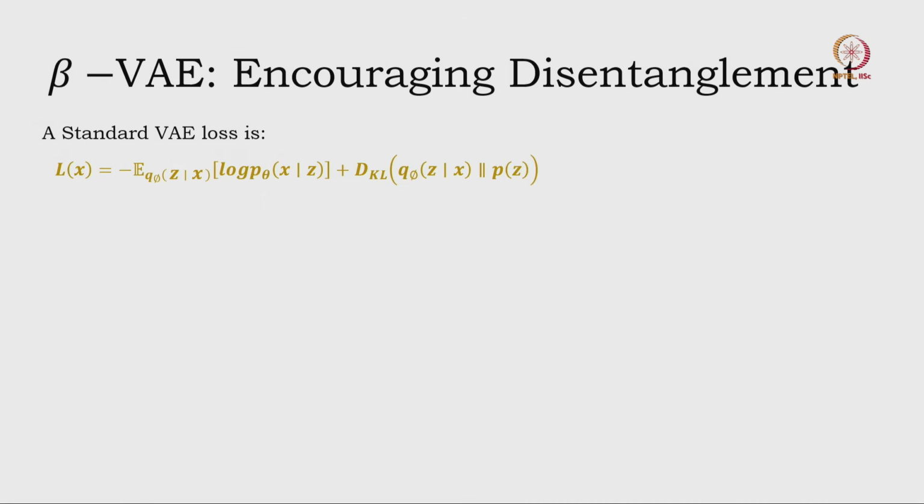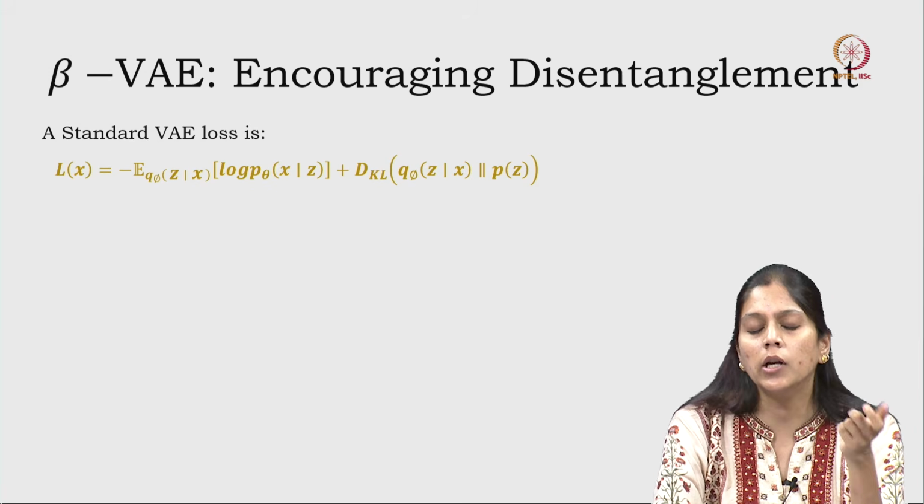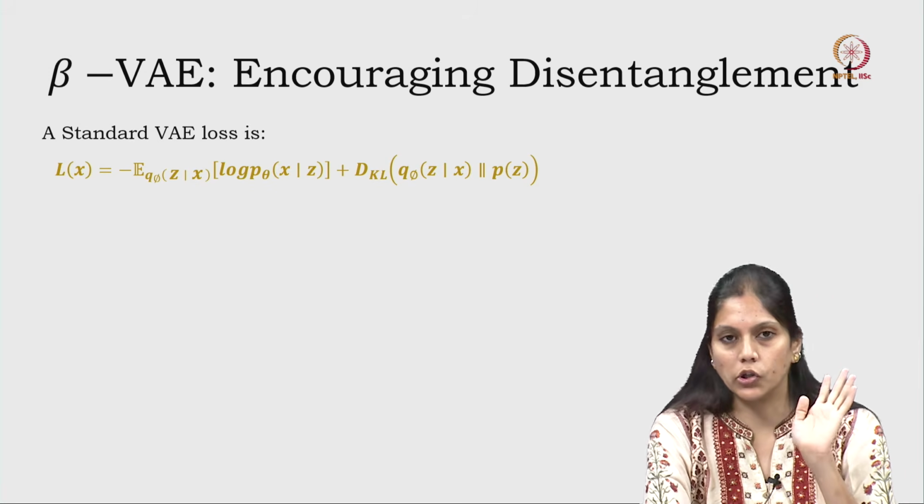Now, how do we achieve this? The latent representation Z, whatever we have seen so far, is entangled. If that is the case, how do we achieve disentanglement? In a standard VAE, the loss function is this. We have the first term as reconstruction, and the second is the KL divergence.